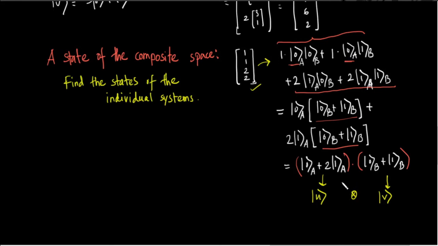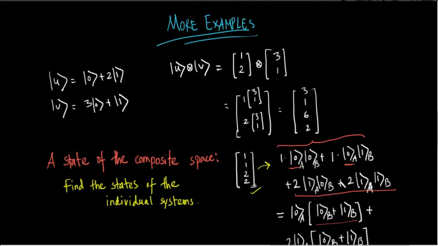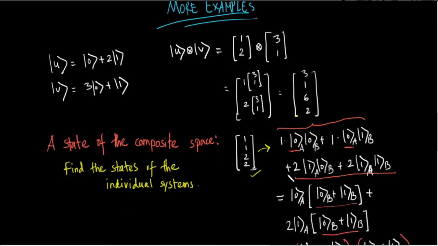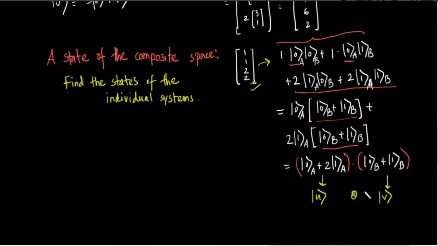So in this way we can form tensor products between two vectors to find the composite vector of the composite space. And if you have the composite vector of the composite space given, then you can retrace your steps and find the individual vectors that you get from factoring the composite vector. All right.